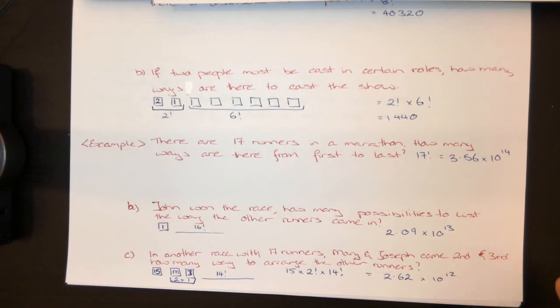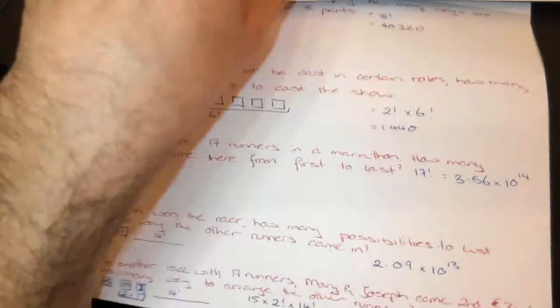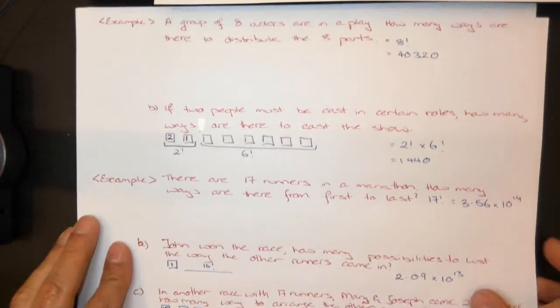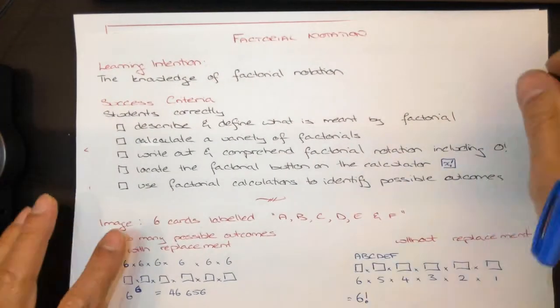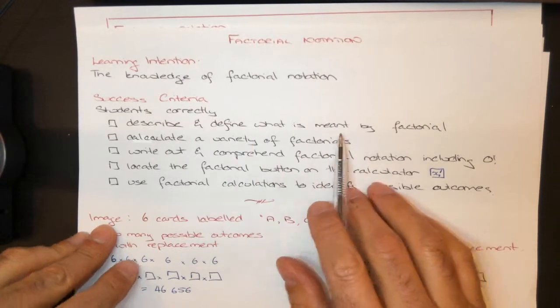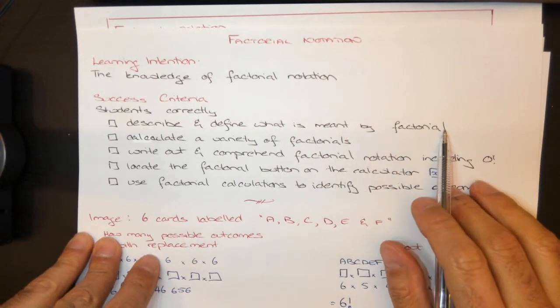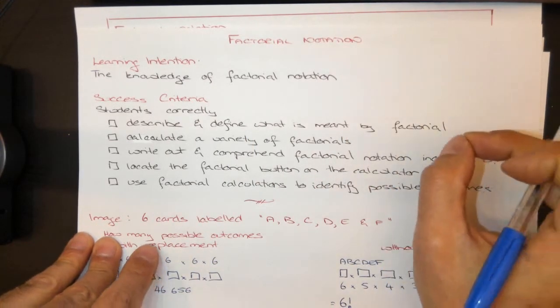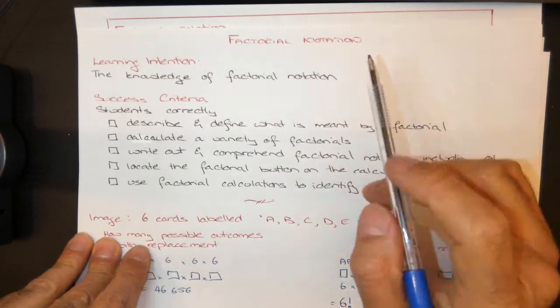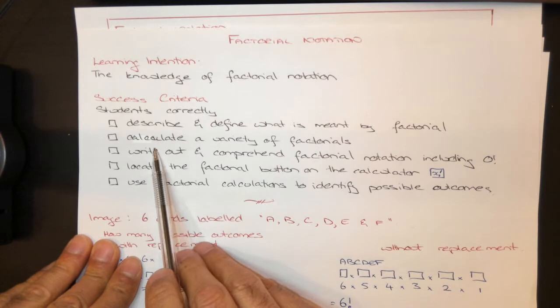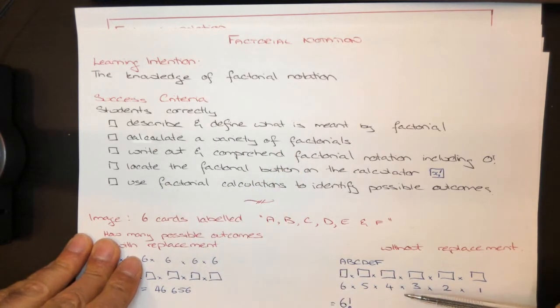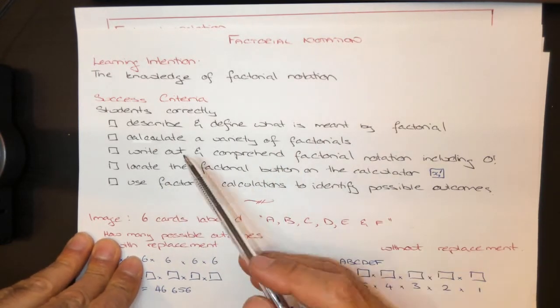Okay. So, looking back at our success criteria, we want to be able to describe and define what is meant by a factorial. So factorial is when we multiply a large number by every consecutive number until we get to 1. Calculate various factorials, which we have done in these examples.